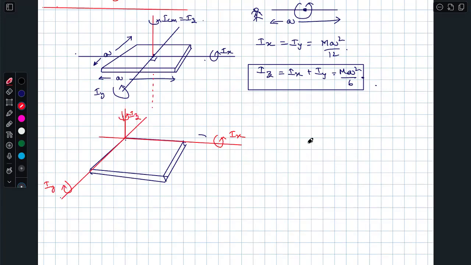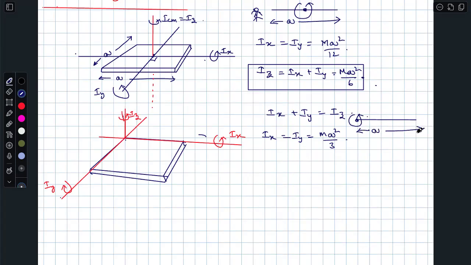Apply the perpendicular axis theorem again. Ix plus Iy is Iz. Ix, you can take it like a rod about its free end. In this case, Ix and Iy become M A square by 3. If you see this, the edge will behave like a rod, and this is the axis.